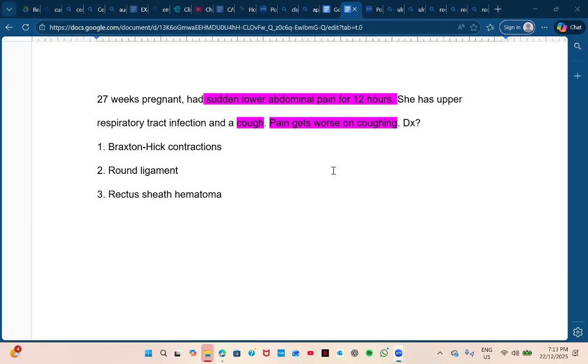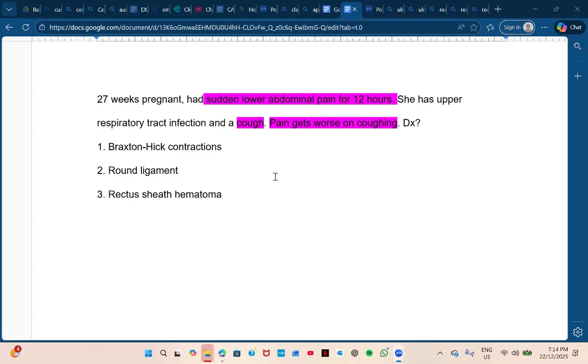But here they haven't mentioned anything, and usually this can be triggered by sudden movements, coughing, sneezing, and turning in bed. Those are the things that can trigger it, and it quickly settles, right? Short lasting and quickly settling, because our patient has had this pain for 12 hours.